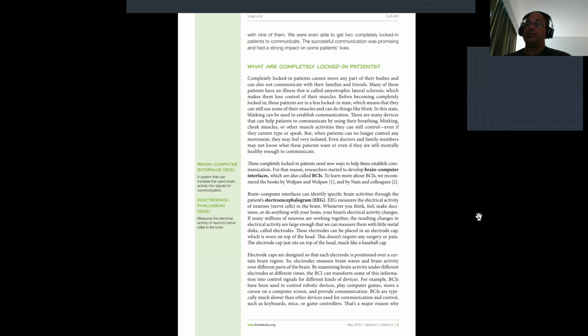And in extreme cases, it may not even be possible for many doctors or family members to determine whether these patients are awake or aware, or even if they're mentally healthy. I mean, how would you tell if somebody's not able to move voluntarily in any way? It's very difficult to communicate.